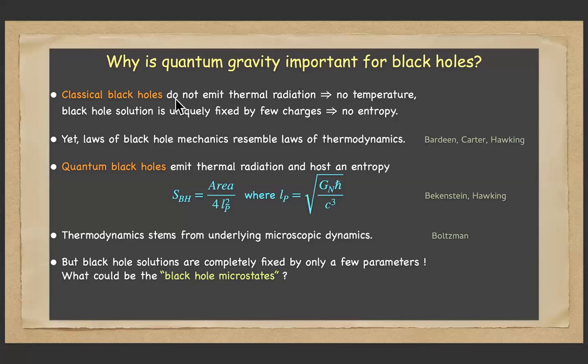Then came Hawking, and he considered this problem: you take a Schwarzschild black hole and you take a scalar field, you consider a quantum field theory. You start with the vacuum state in past null infinity, and you ask, what do I see at future null infinity? And he found that an observer at future null infinity observes thermal radiation.